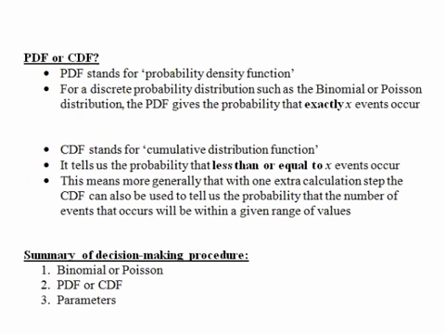But in summary, just looking at our decision-making procedure for what distribution and type of table to use, first of all we looked at whether our distribution was binomial or Poisson. We then look at whether it is PDF or CDF, and as we went through the problem we wrote down the parameters, and with these pieces of information we would then be in a position to calculate the required probability.